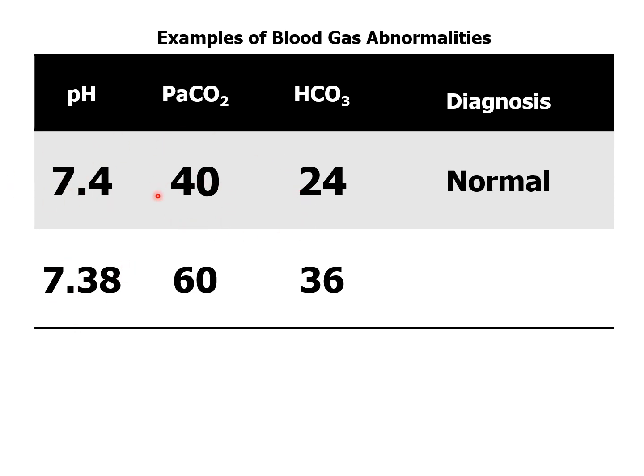For the PaCO2, it is considered to be higher by 20 units compared to the normal level. For the bicarbonate, it is also higher by 12 units compared to the normal value.